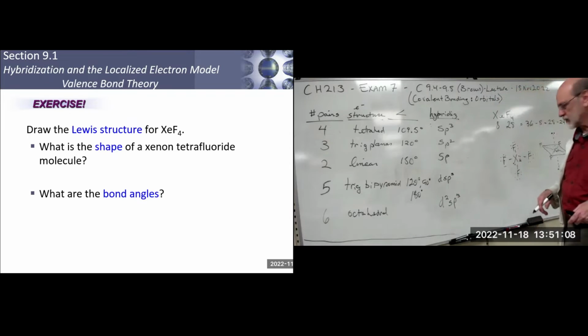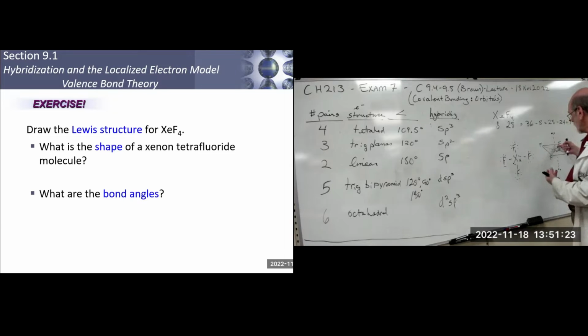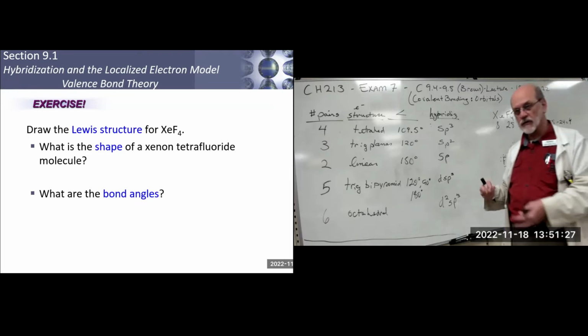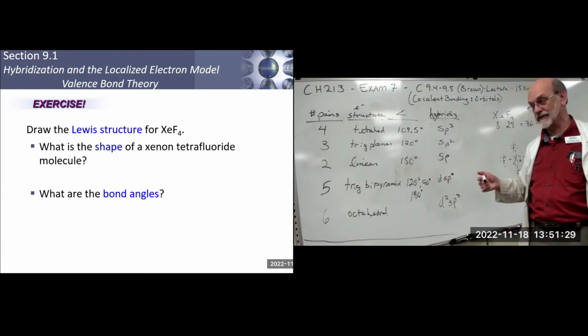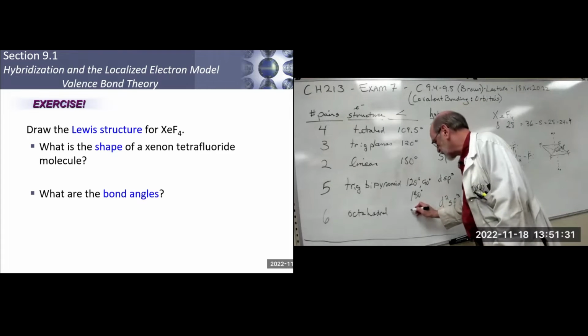Now, what are the bond angles? Well, let's see. Around the square is 90 degrees. And then, well, that's it, right? For this molecule, it's 90 degrees because we don't have any atoms up here on the apexes. So there are no bond angles there because there are no bonds. So the only possibility for this example is 90 degrees.